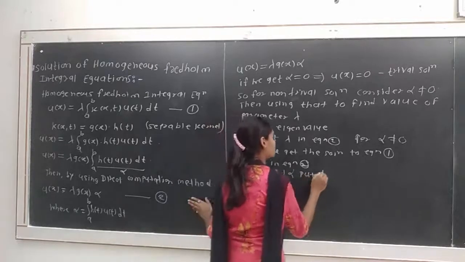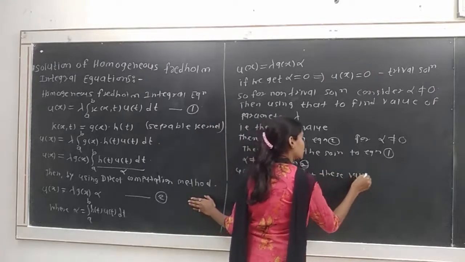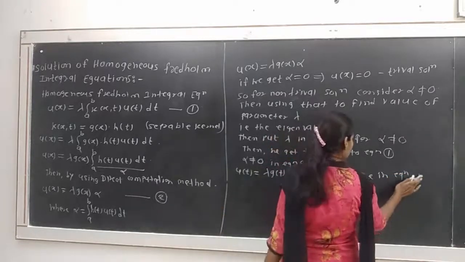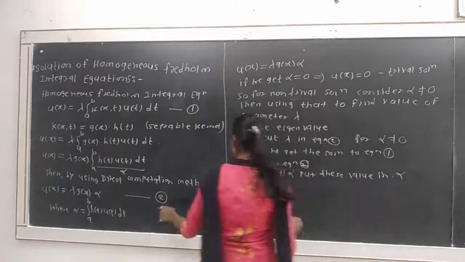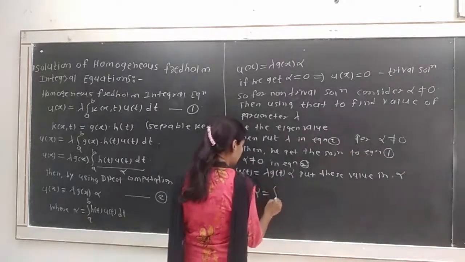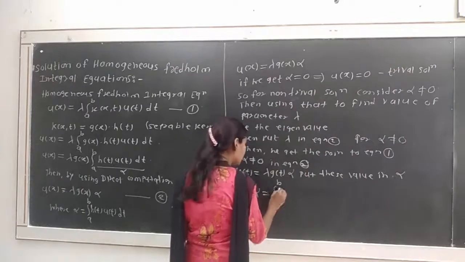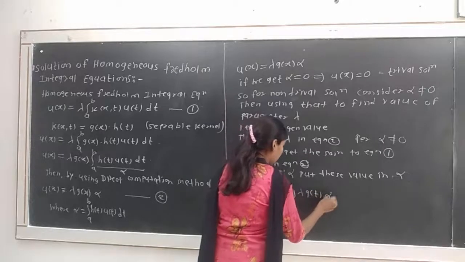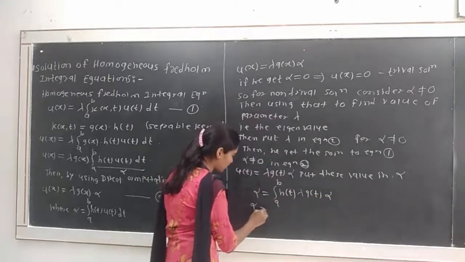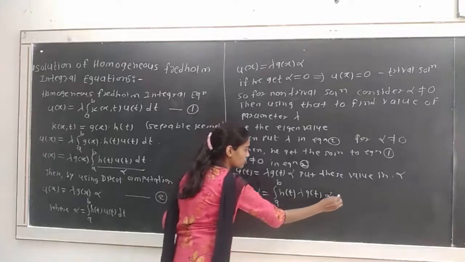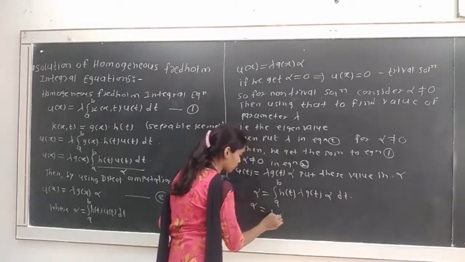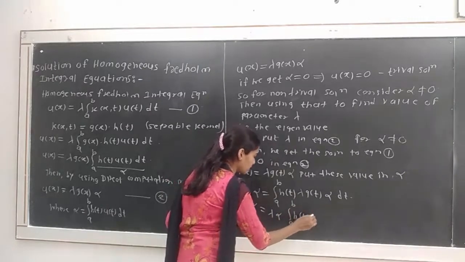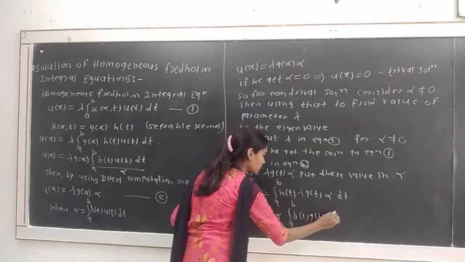Then put this value in alpha. We get alpha equal to integration from a to b of h of t into u of t, that is lambda g of t into alpha. Lambda and alpha will be outside the integration because they are constants. So alpha equals lambda alpha integration from a to b h of t g of t dt.